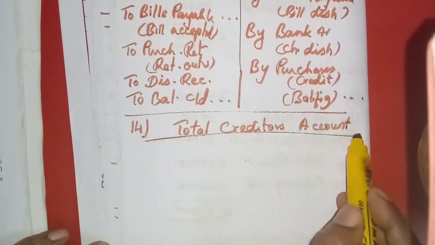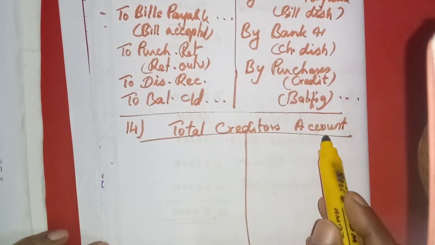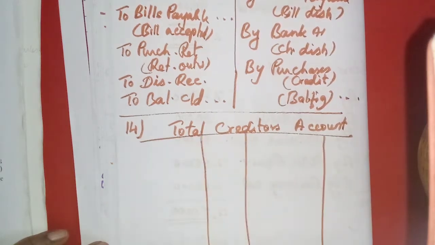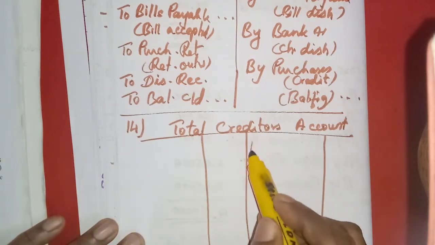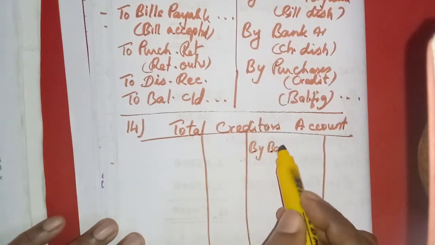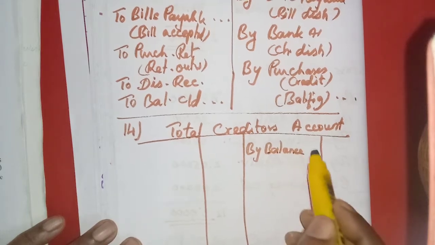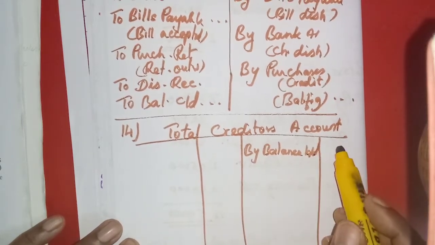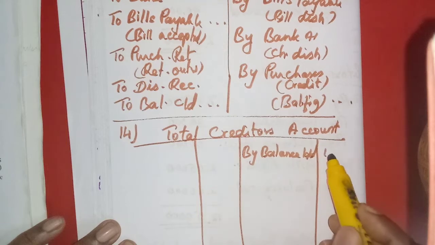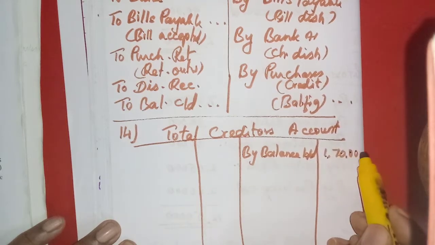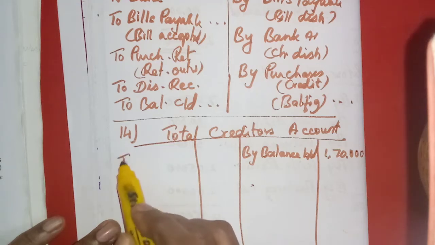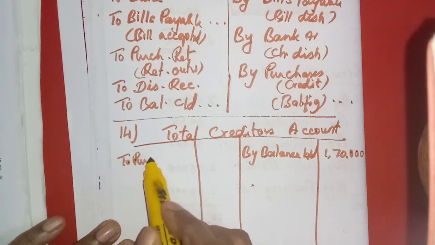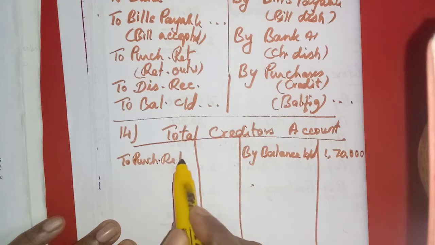Total creditors account. Opening creditors, by balance brought down, 1,70,000. Then purchase returns, this side, to purchase returns, 20,000.